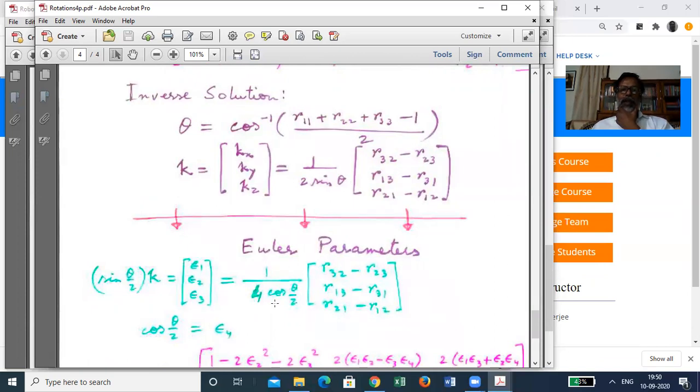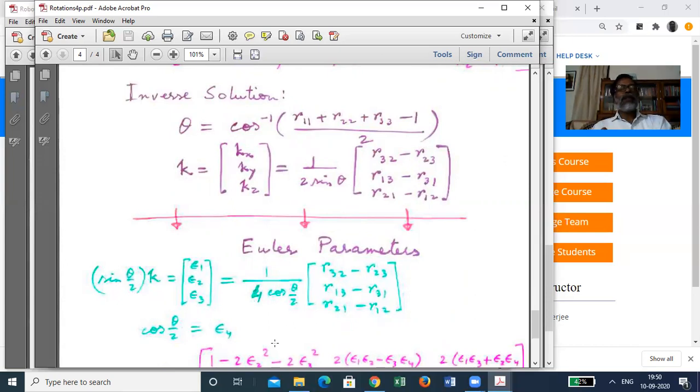Leave the cos theta by 2 here, take the sin theta by 2 above. Then sin theta by 2 times kx, ky, kz, whatever you get, call them epsilon 1, epsilon 2, epsilon 3. Okay? So these will be epsilon 1, epsilon 2, epsilon 3. 3 components of sin theta by 2. And remaining part, cos theta by 2, that you call epsilon 4.